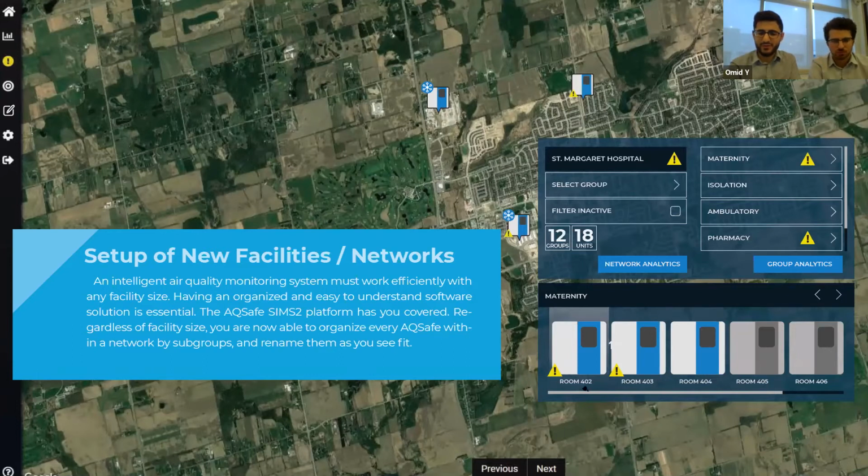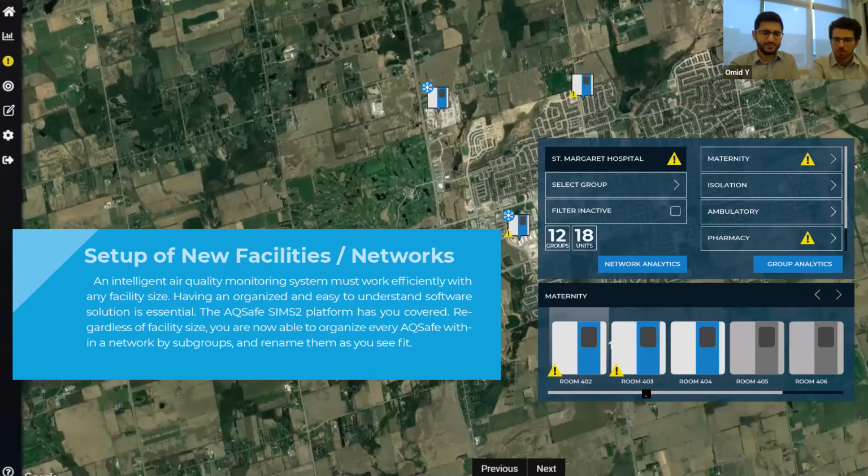You can name them, for example, room 402, room 403, and assign IDs per room. You can come to this place, SIMS 2, and monitor them all at once. You can see which units or which rooms are experiencing certain changes in levels, and based on that, you can monitor and do what you want with them.